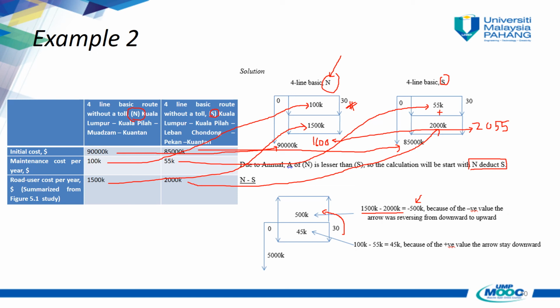And we also have another calculation here: 100,000 deduct 55,000, so we get 45,000, and because of the positive value, the arrow will stay downward. This is the easier case.